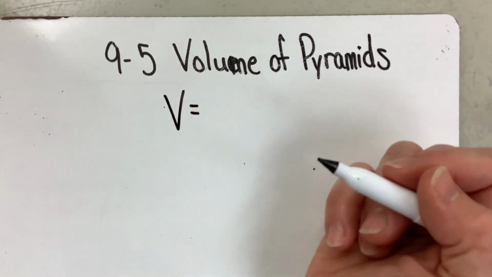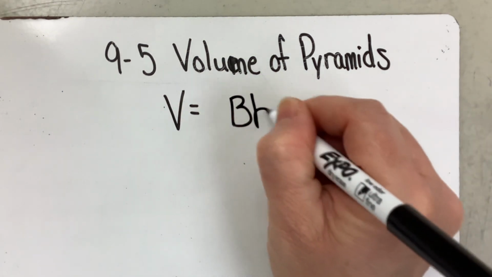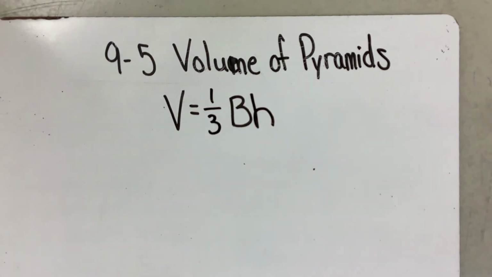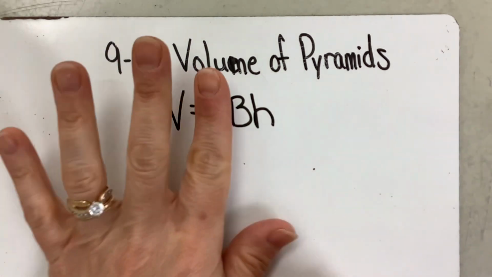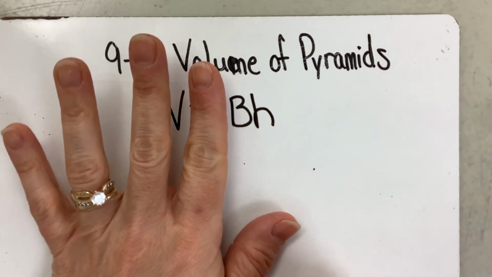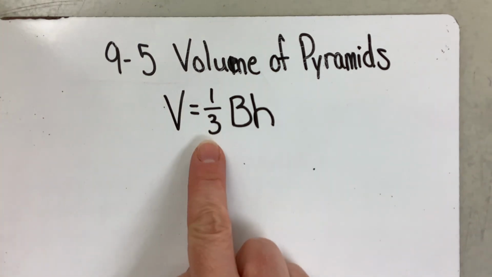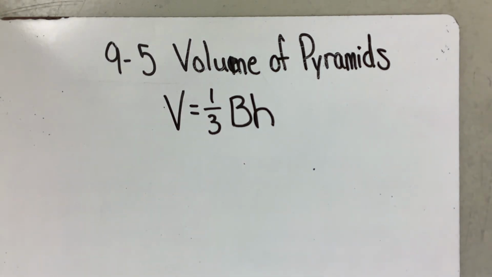Volume equals, we're still gonna have the area of the base times the height, but now we are going to be multiplying by 1/3. Okay, so prisms, they had 2 bases, remember? So we just have the area of the base times height.